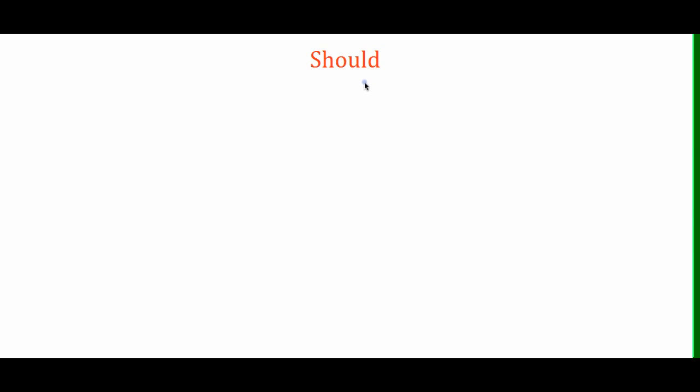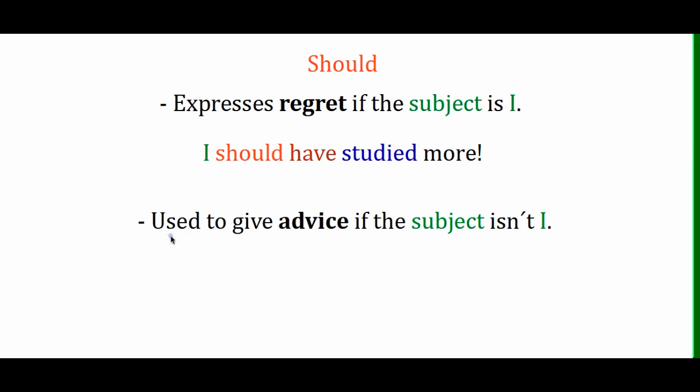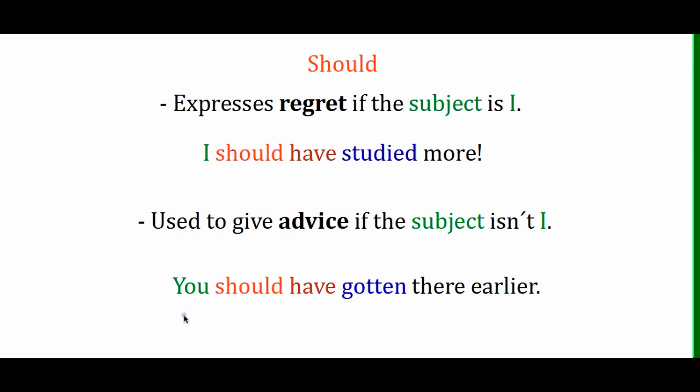So if we choose the modal should, it expresses regret if the subject is I. I should have studied more. But it's used to give advice if the subject isn't I. You should have gotten there earlier, okay? This is advice, but this one above is a regret.